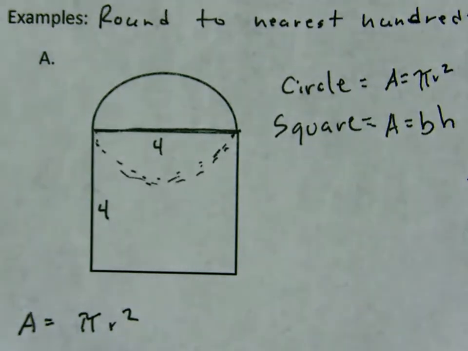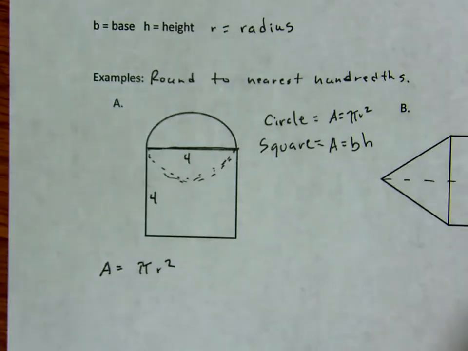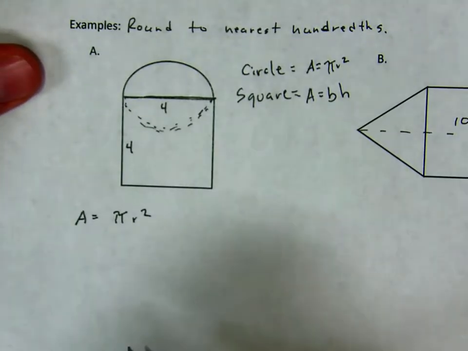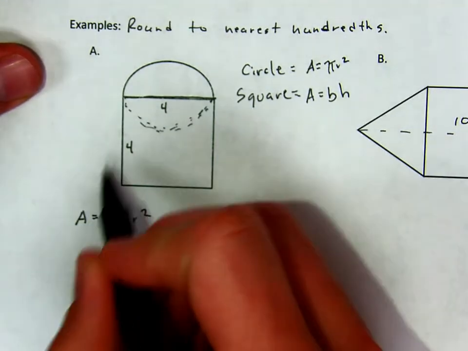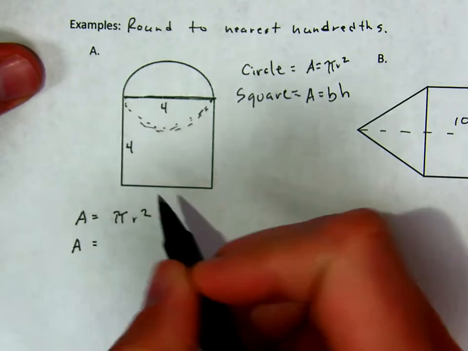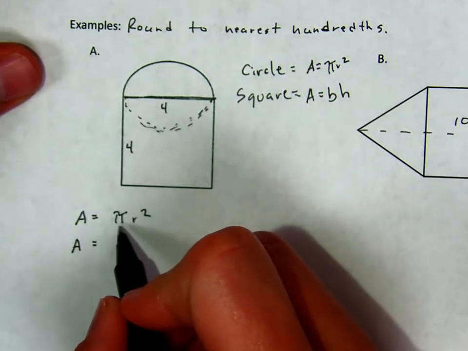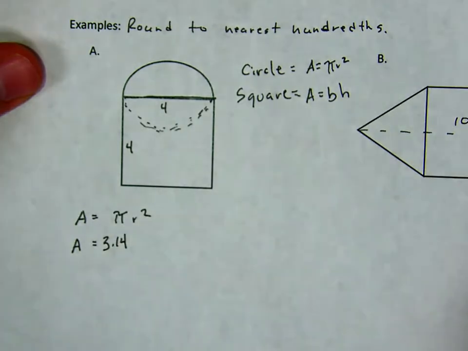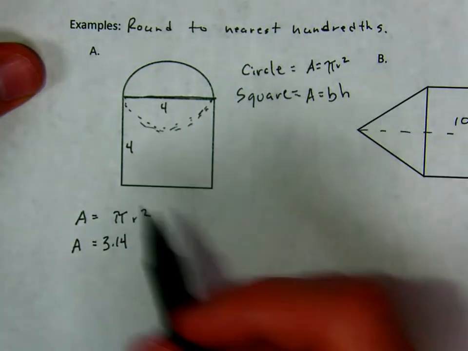I'm going to zoom out a little bit. All right, pi r squared. Again, let's replace things that we know in our formula. So area, we're calculating that. Pi, remember from last lesson we're going to use 3.14 in place of pi. Our radius.